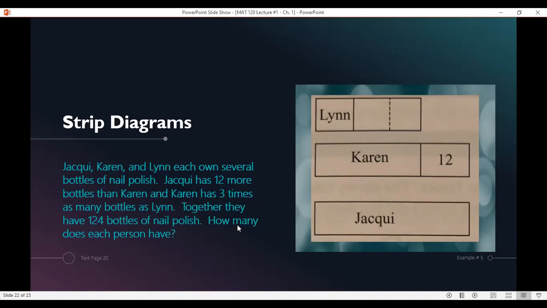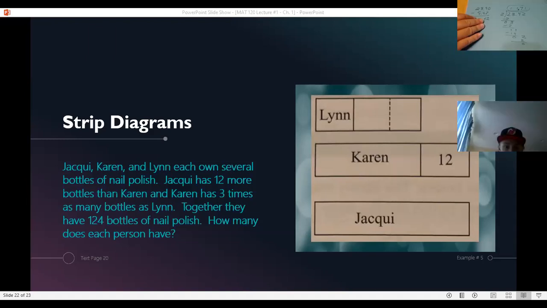we could start by taking 124, and let's get the camera going here. Okay, so we're talking about a strip diagram, and looking at this strip diagram, we can see that we're going to start by taking 124, okay? And we're going to have 3 parts for Lynn.